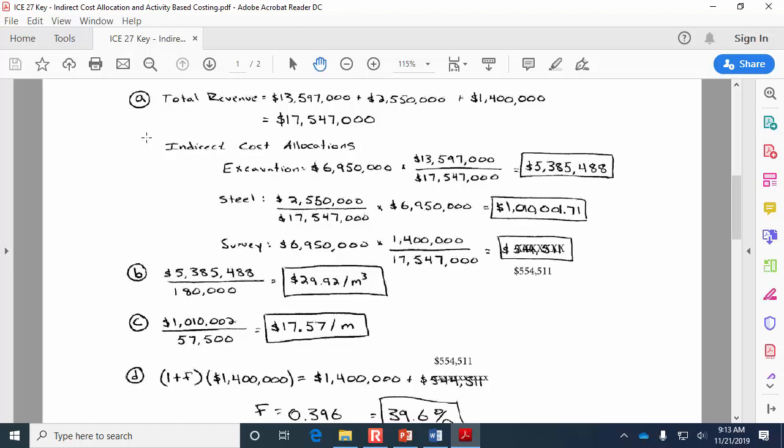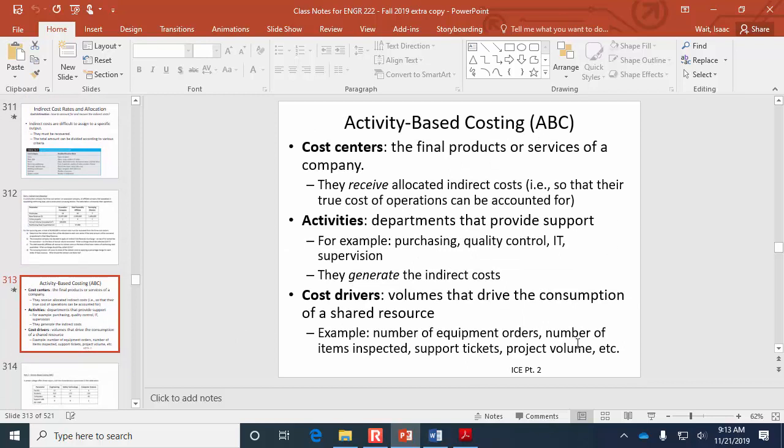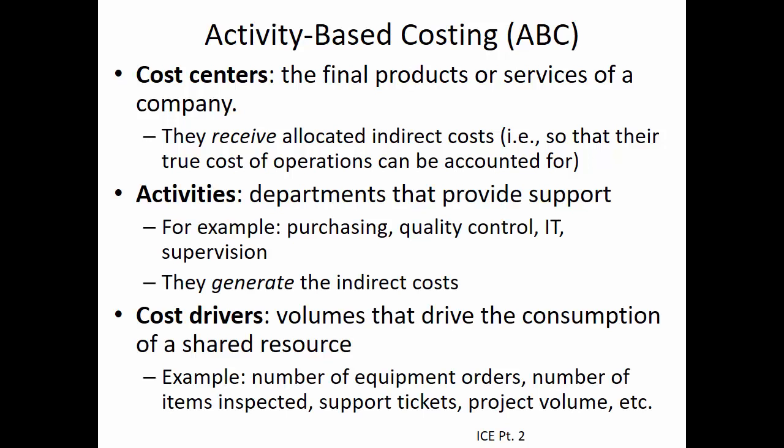We're almost out of time, and so what I'd like to do is show you the solution to the last part of the in-class exercise, just so you have an idea of what's the main point to activity-based costing. In activity-based costing, you're trying to figure out how much of the indirect costs should be going to each of the parts of a company that generate the indirect costs.